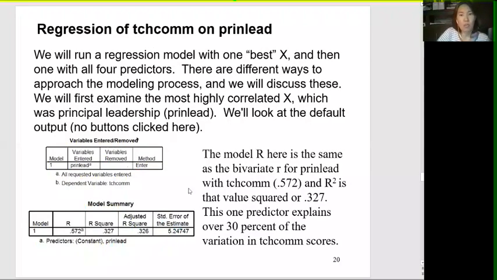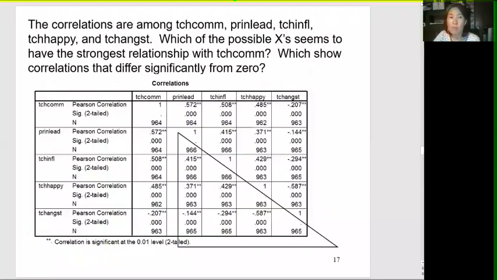Page 20, okay, so this table says just dependent variable. It's not that meaningful anyway. This table shows a predictor. One predictor. And when you run the simple regression, look at this R, 0.572. You remember the correlation matrix here.